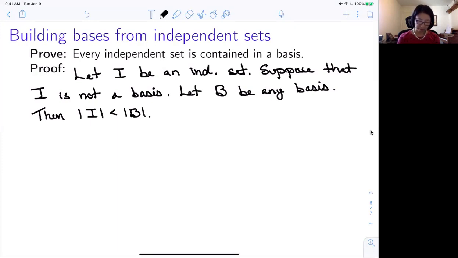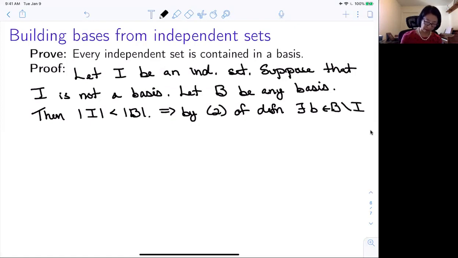So then, again, by that same part 2 of our definition of a matroid, there has to exist a little b in capital B, take away I, such that I plus b is independent.